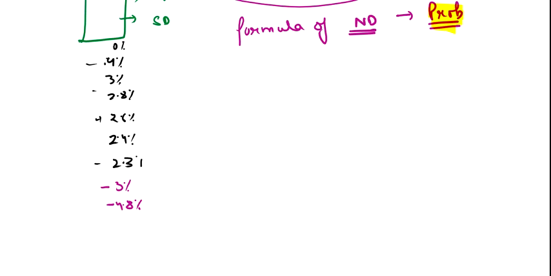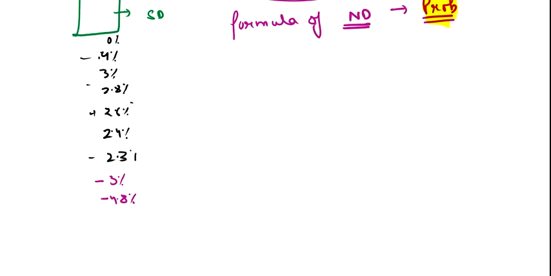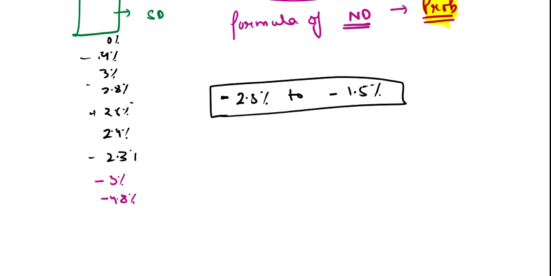But suppose you want to know what is the probability that your returns will come between say negative 2.5% to negative 1.5%. If this is something which you want to know, okay, so how you will deal with it with the help of normal distribution data, because normal distribution will provide you the formula that with the help of that formula you can identify what is the probability that my return is going to be in between these two values.